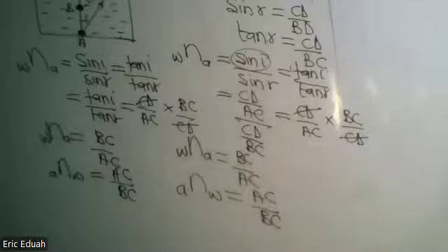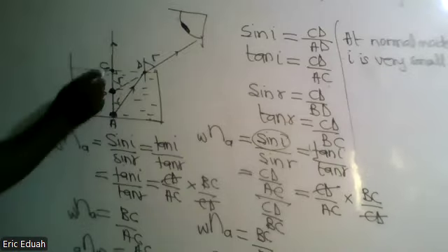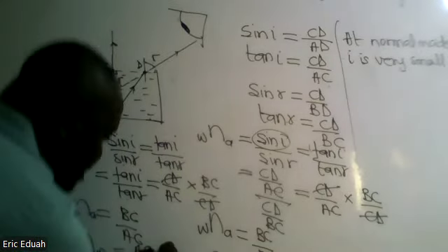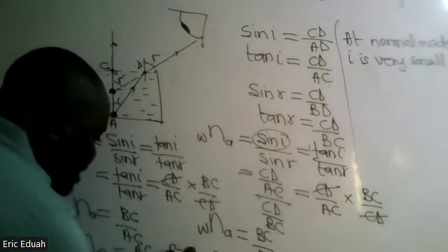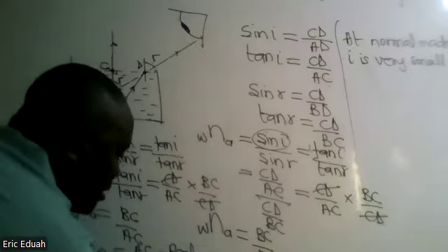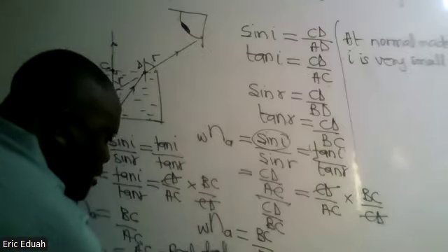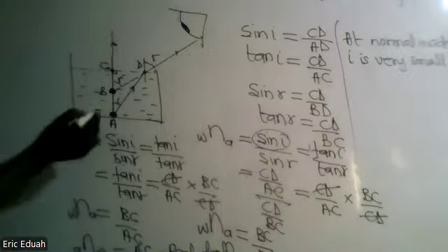Okay, are you okay? Yes, sir. Then come back to the drawing. It's AC. AC is the real depth. What is BC? BC is the apparent depth.